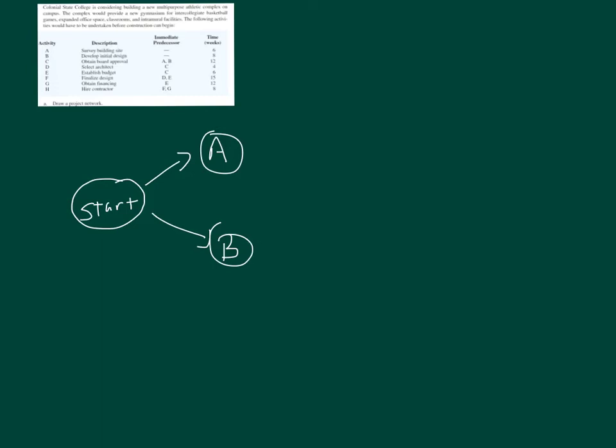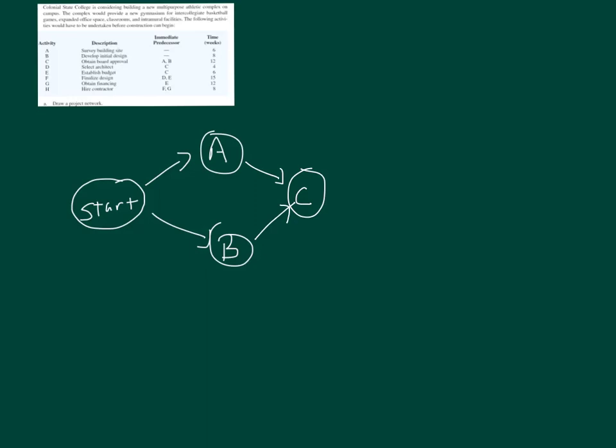Then what I do is I go and look at the immediate predecessors and look for things that would be next. I see that A and B are needed before C can start. So there's going to be C here, and I have to finish A and B, so there'll be arrows going into C from both A and B. So I have to finish both A and B before C can start.